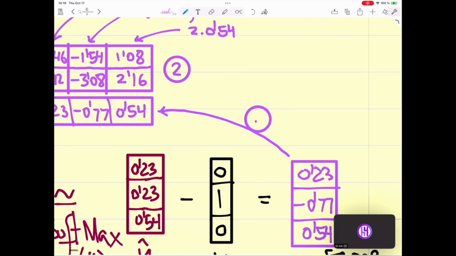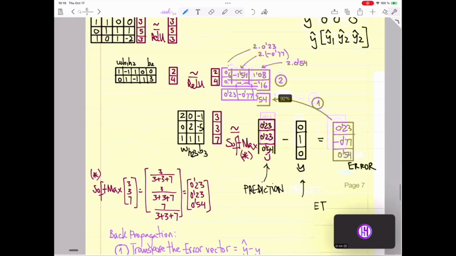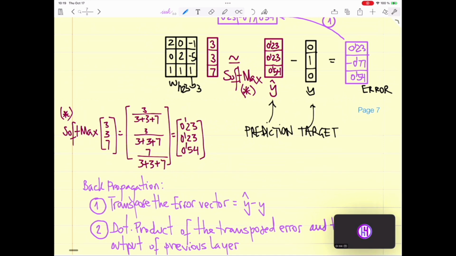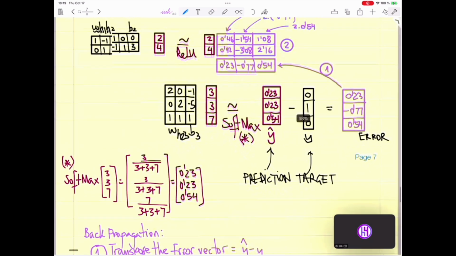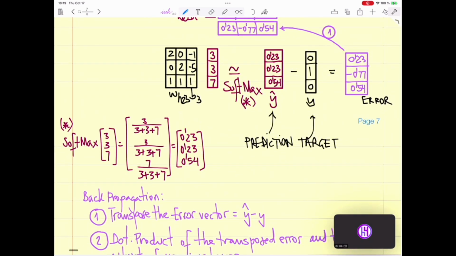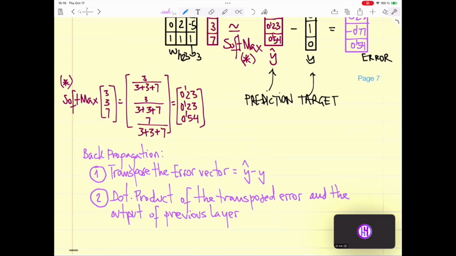Second step is dot product. Okay? So once we have that, we still cannot continue. We need to do a third step, which is also the predicted error. Third step.